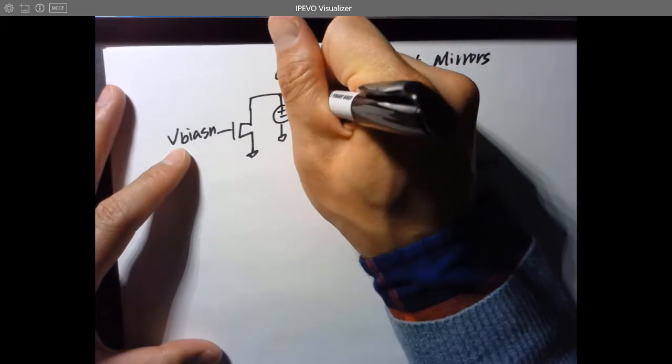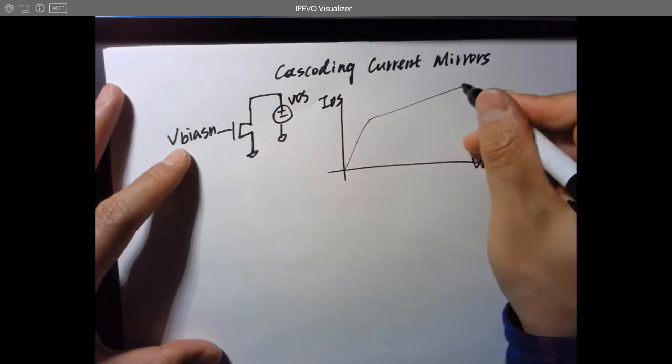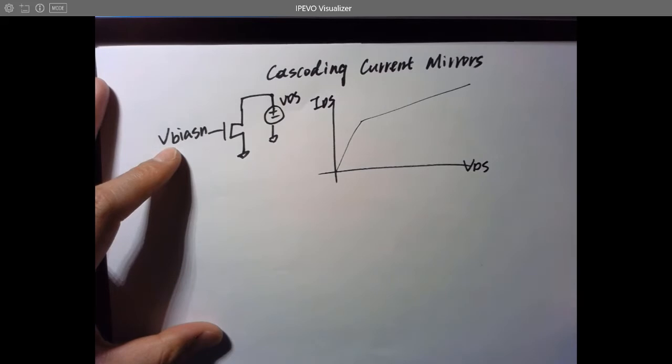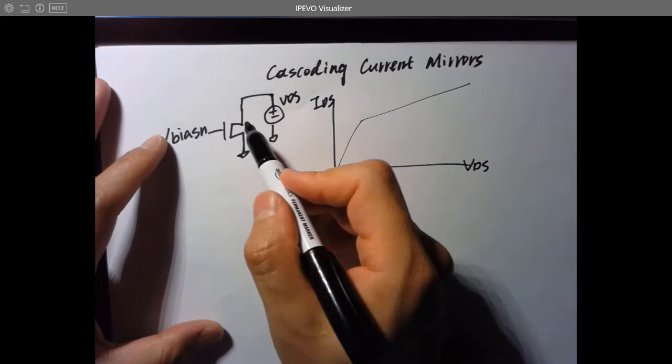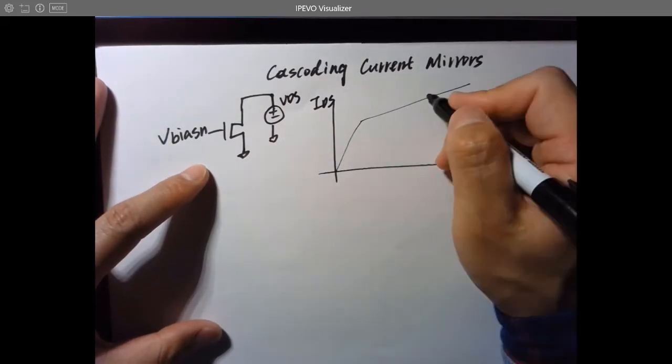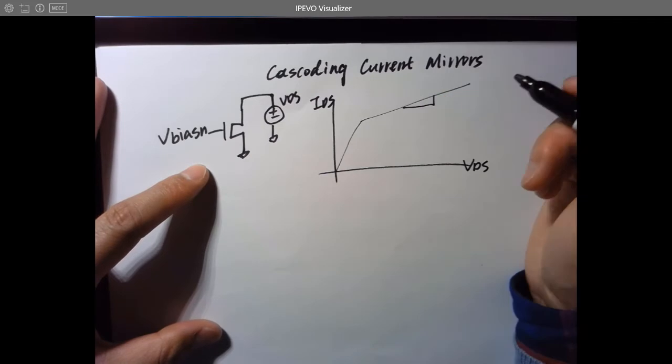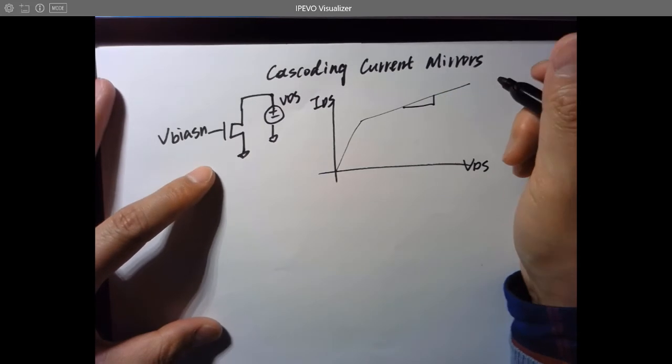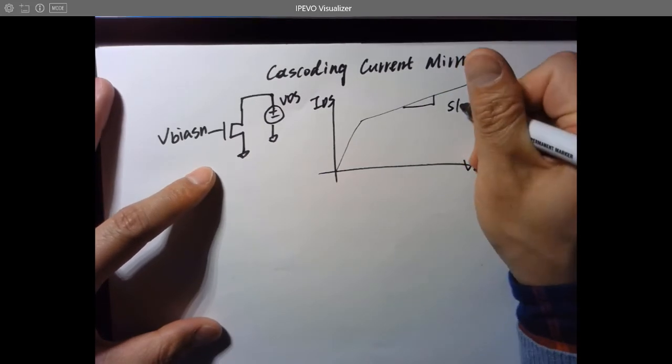This is VDS. It won't be super flat. The reason is it's not the perfect current source. There will be a slope over here that will give you a finite output resistance.